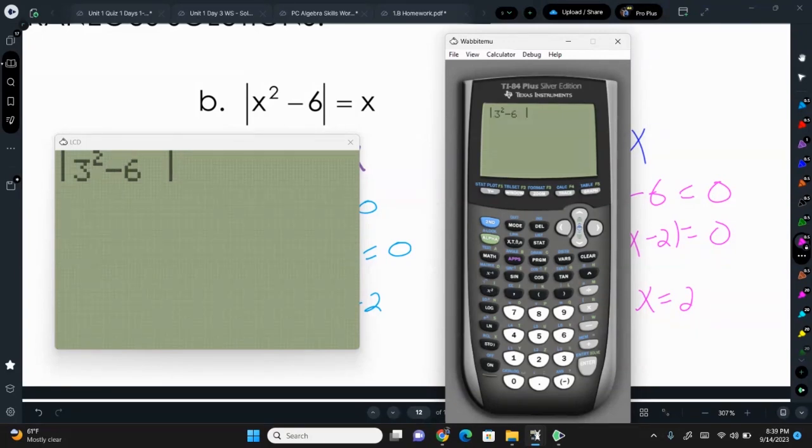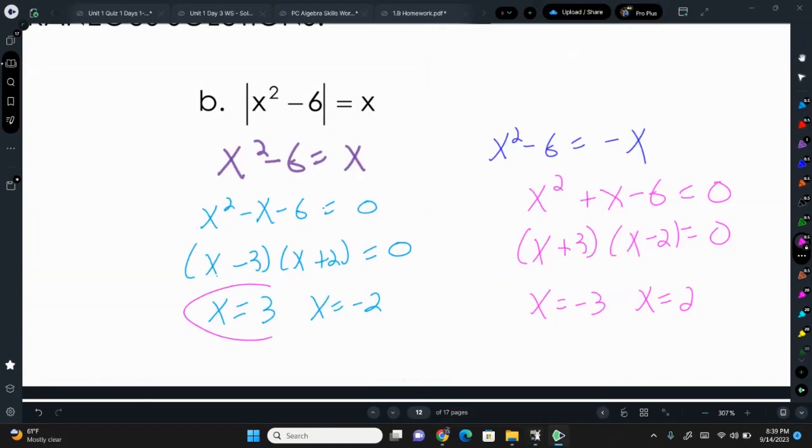So we plugged in 3 for x, so when we hit enter, we hope it equals 3. Okay, it does. So x equals 3 is a solution. Now we're going to go back up here and change it to x equals positive 2. And then we hit enter, we get positive 2 as well. So we know that these are at least 2 solutions.